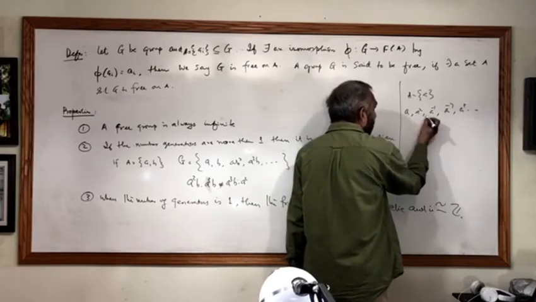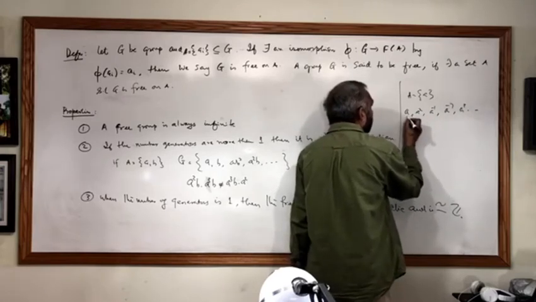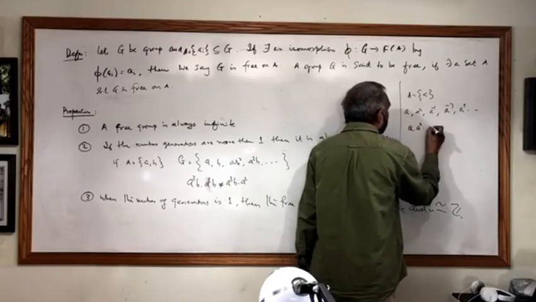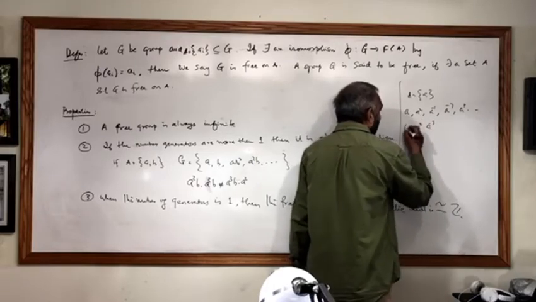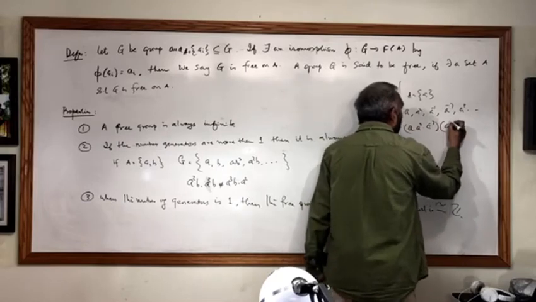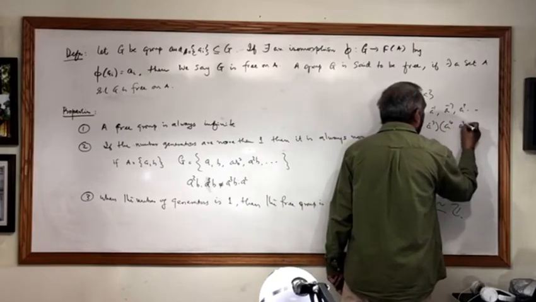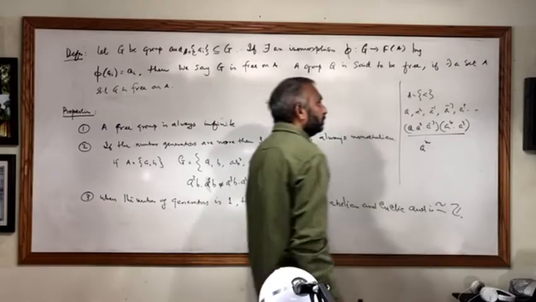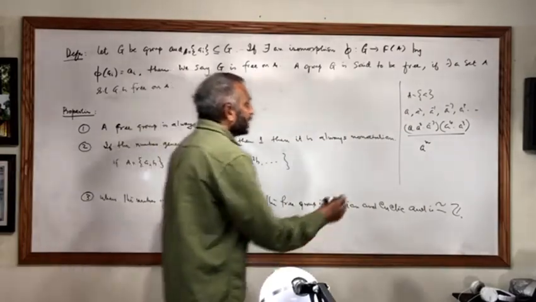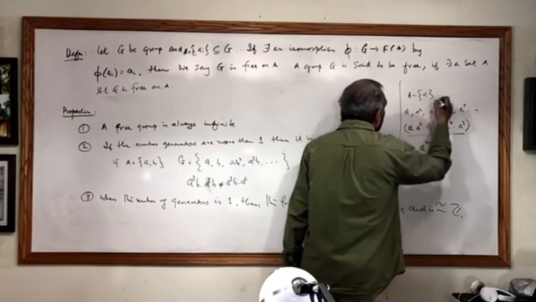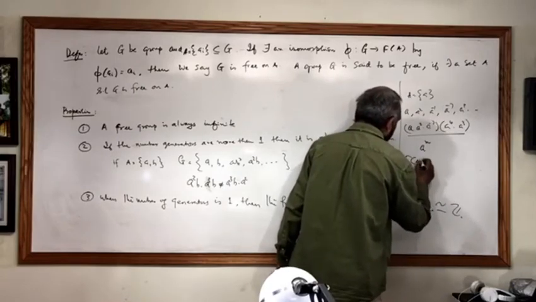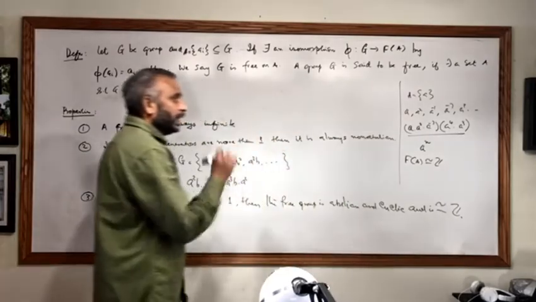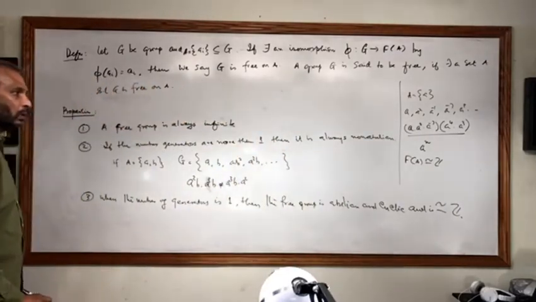These are the syllables. When you create a word, it will be a times a^3 times a^(-7), and that times another a^4 times a^3, then the whole thing will become something like this. So F(A) is isomorphic to Z when A contains only one element.